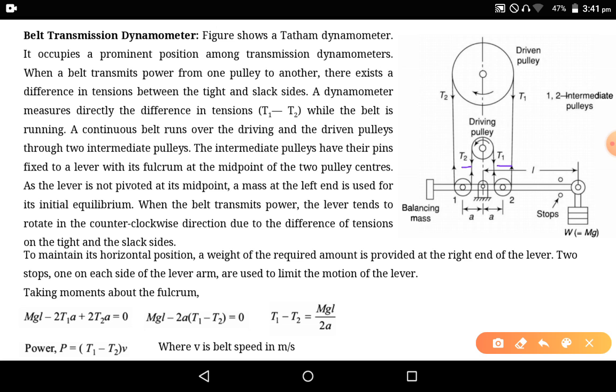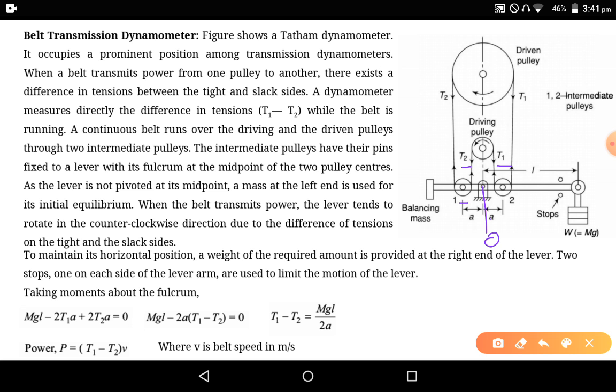The belt is passing from the first intermediate pulley, which is connected to a fulcrum or a lever, and these two pulleys are connected to this lever, and the fulcrum is at the point O. This point is O, right?